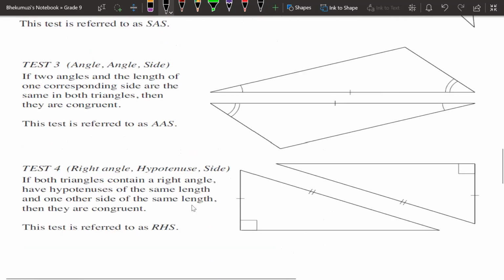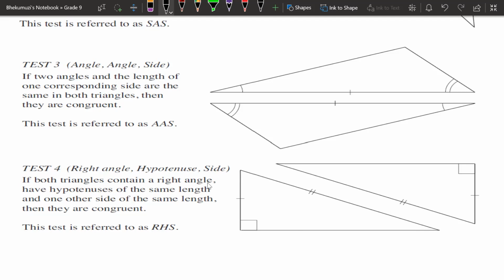So here, what you'd look at is that if I have a right angle triangle for both of the triangles, obviously they are equal to each other. And then immediately when we talk about the hypotenuse, is that we have a triangle that has an equal hypotenuse. And the hypotenuse, remember, it is the longest side. It has the longest sides being equal to each other and having a side that is equal to each other. So those are the 4 different tests.